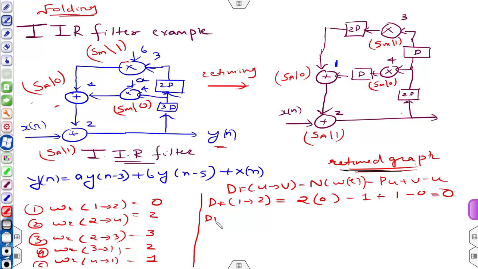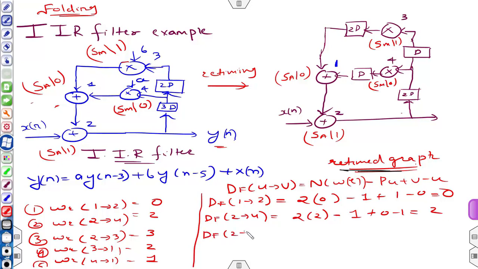For DF 2 to 4, 2 into 2 delay elements, minus p is 1 because it is an adder, plus 0 minus 1, so this is 2.